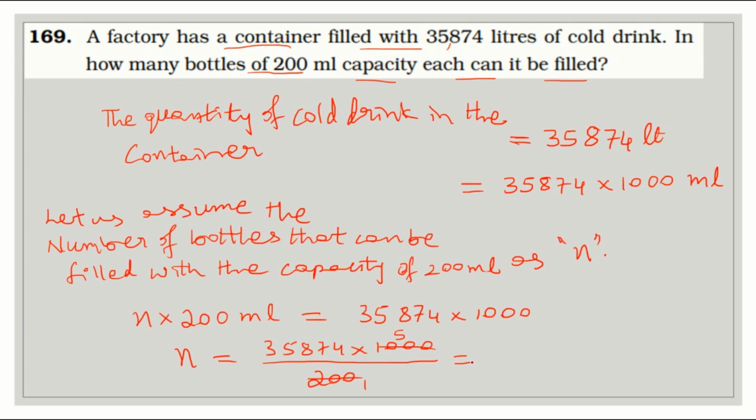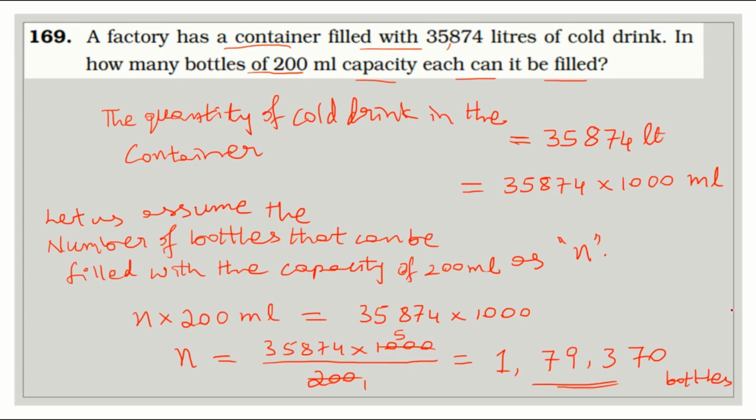So 35,874 multiplied by 5 gives 1,79,370, the number of bottles that it can fill.